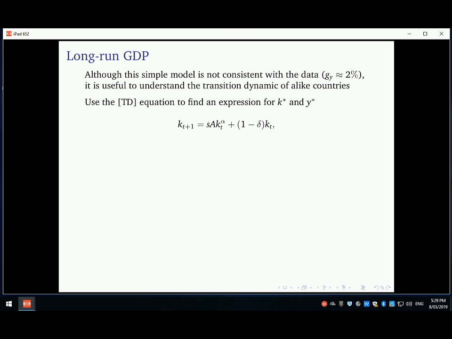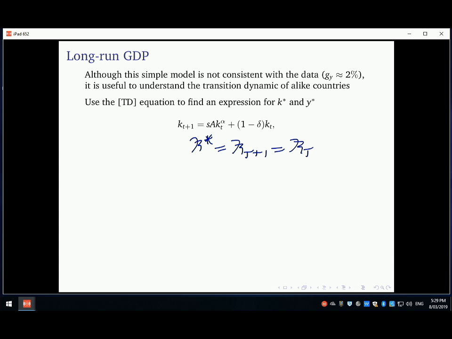I'll give you 2 minutes to try that, and I will give you this hint, which is that we know that long-run equilibrium implies that capital per capita is just constant. So use that, replace that into the equation, and find an expression for little k star. Okay? You've got 2 minutes.